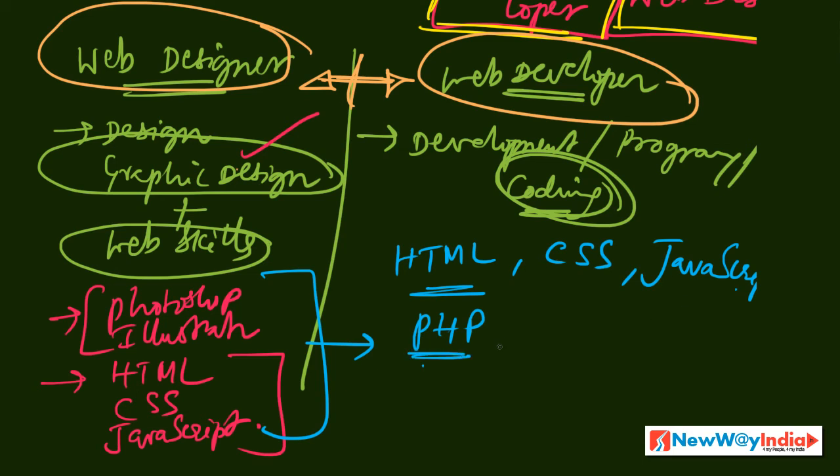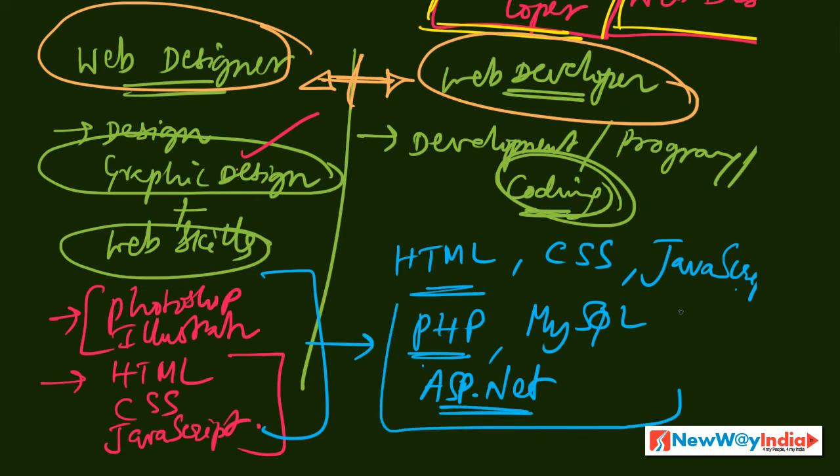The main thing is PHP and MySQL, and ASP.NET. Something like these are the core programming skills. Even high end, there are so many languages like Java, C Sharp, C++. These can be used, but for dynamic websites, PHP, MySQL is the fundamental thing, and ASP.NET.